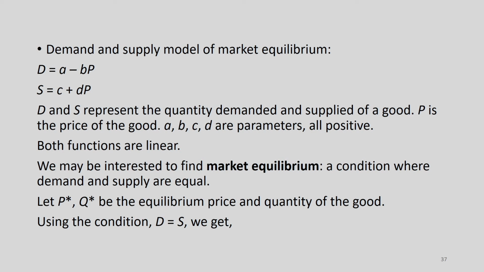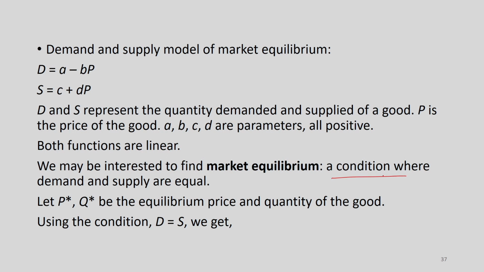Okay, so, we assume that P star and Q star are the equilibrium price and equilibrium quantity of that good. That means, if we have an equilibrium, then at that equilibrium there will be some amount of quantity and some amount of price, and those are represented by Q star and P star. So, these are particular values of these two variables P and Q.